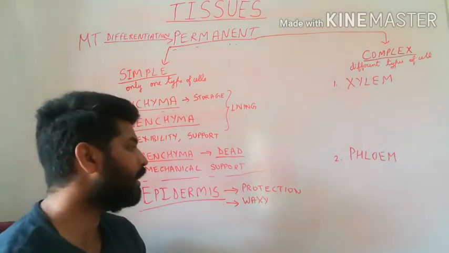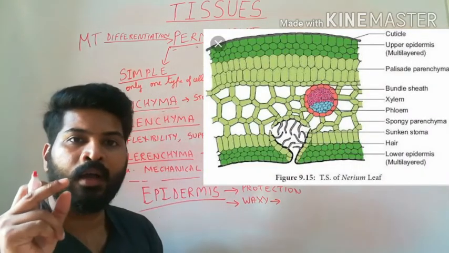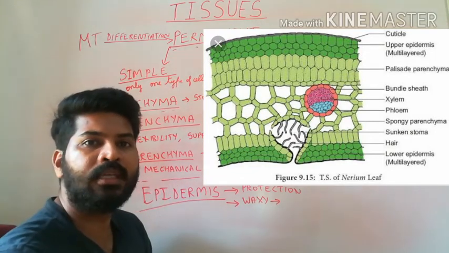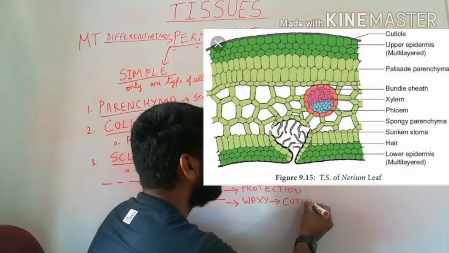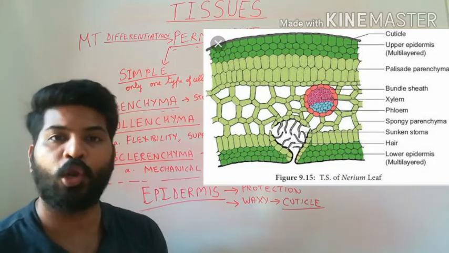For example, in desert plants, outside the epidermal covering, there is a layer of waxy cover called as cuticle. This will protect the plant from water loss.